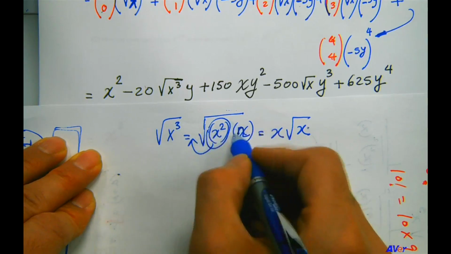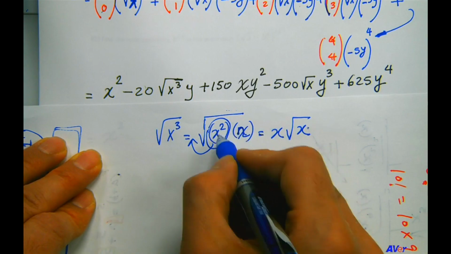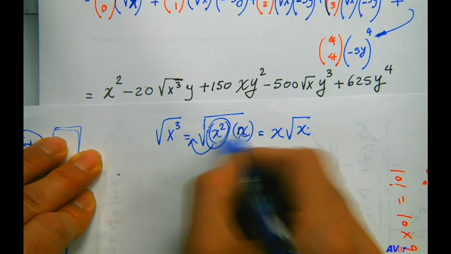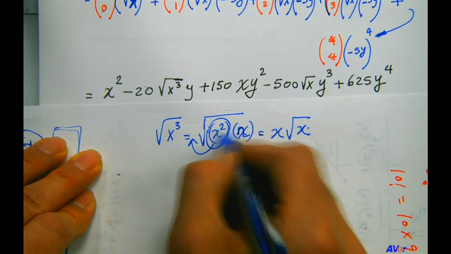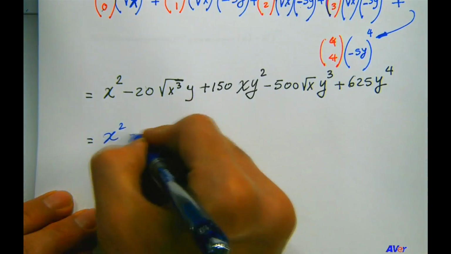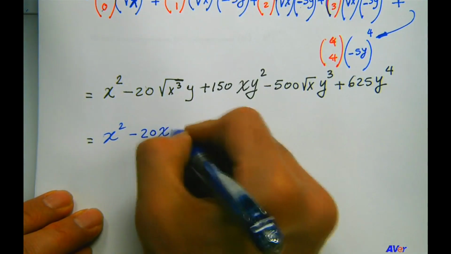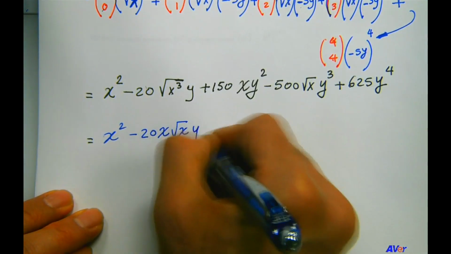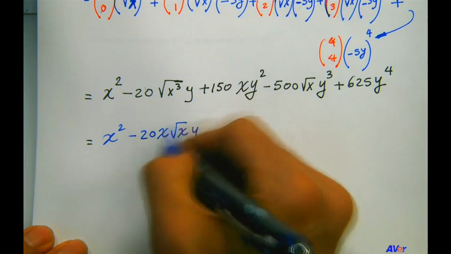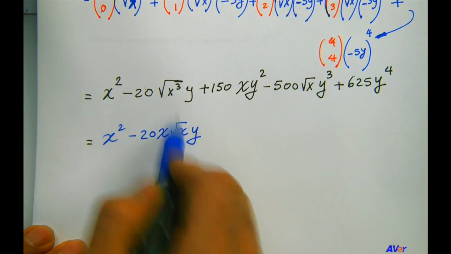And we couldn't do this if this was plus or minus. If this was x squared plus x or x squared minus x, we couldn't do this. We can only do this when we have division and multiplication. Okay? So we have minus 20x square root of x y. And that's x square root of x times the square root of x is that, right?